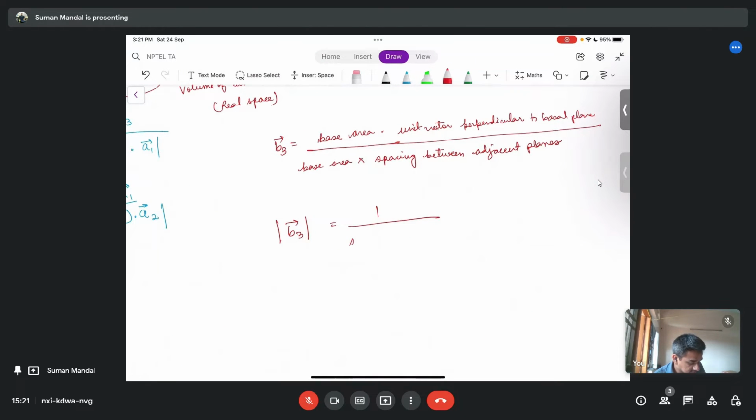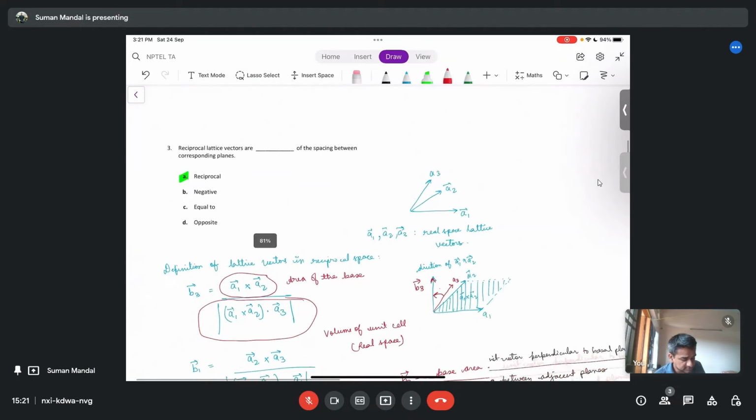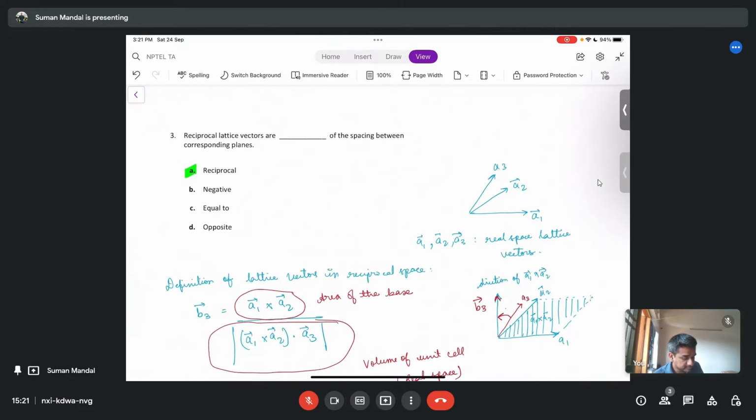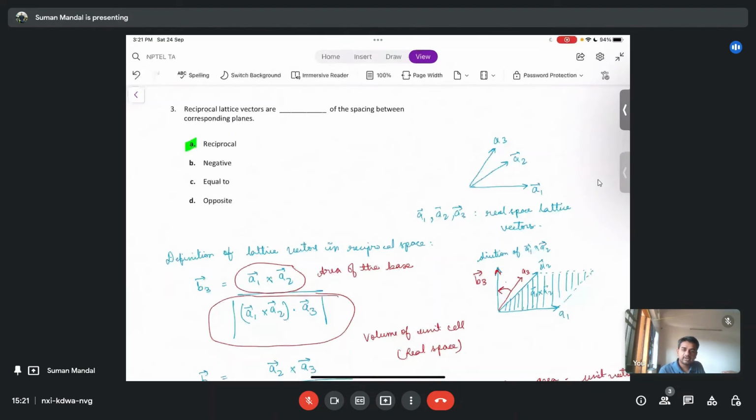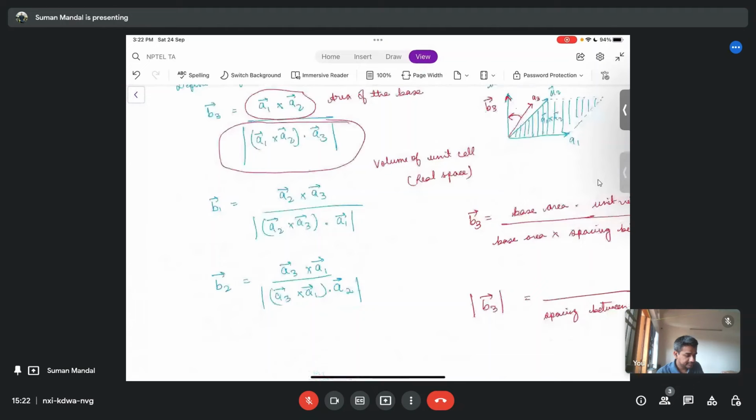So basically, the spacing between corresponding parallel planes. So the answer is A. The reciprocal lattice vectors are reciprocal of the spacing between the corresponding planes.